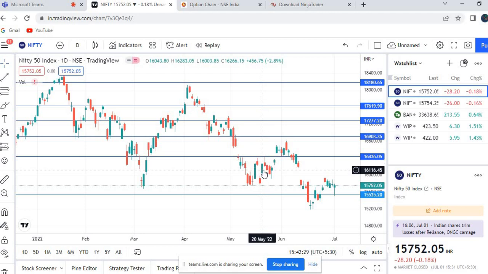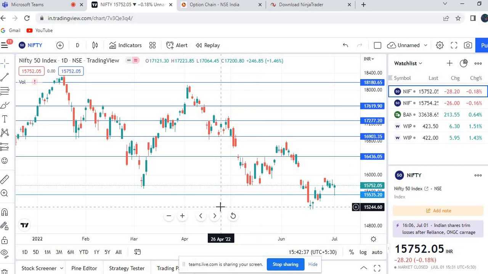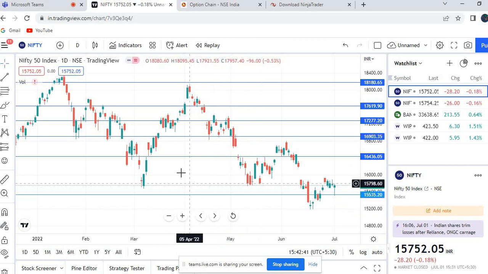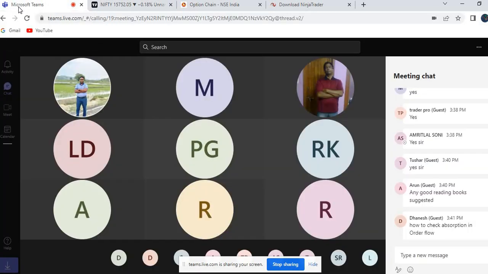I don't know when, but whenever it does, it will be a big gap up opening for 200 points, and then it will drop down from there. Right? There will be no gap left behind. The gap will always be filled.